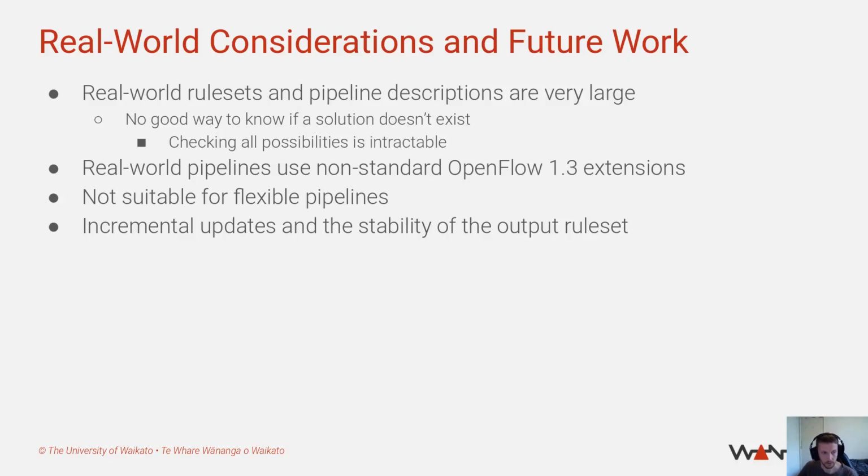This technique is also not suitable for flexible pipelines because we enumerate all possible combinations and search them all. Whereas of course with a flexible pipeline there are going to be many more possible combinations and this would very, very quickly become intractable. We also need further research to look at the support for incrementally updating the rule set and how stable the output is.